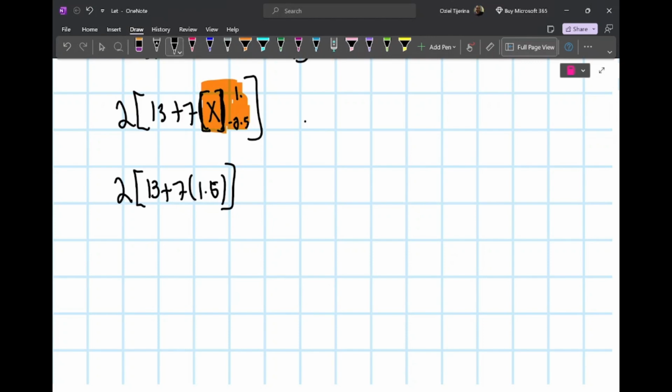It's going to be 2 times 13 plus 7 times 1.5, and that is going to be about 47. I hope that's correct, guys, and I hope that helps.